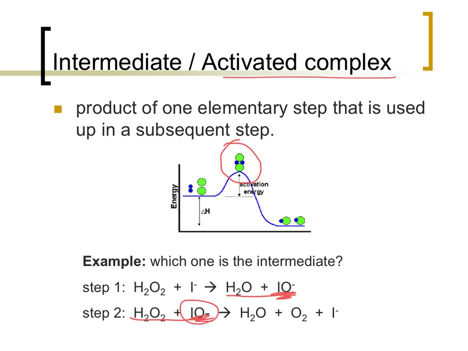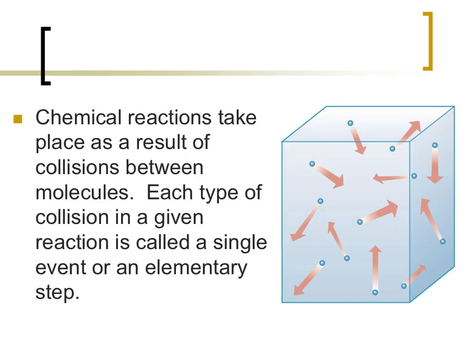So in this case, it would be the IO minus that's made in step 1 but used up in step 2. And then again, this would cancel out and not appear in the net reaction. So if you're asked to identify an intermediate, look for something that is a product in step 1 and a reactant in step 2.